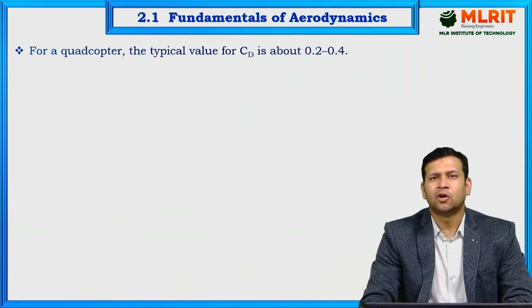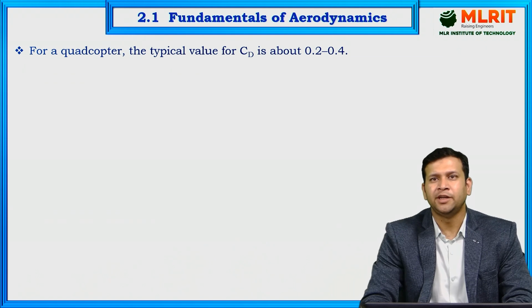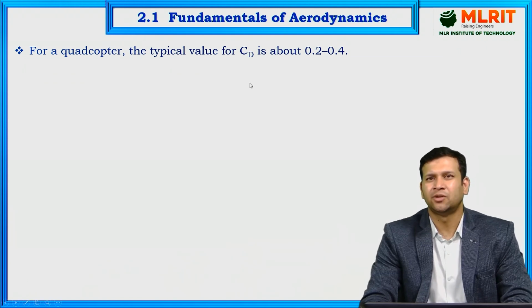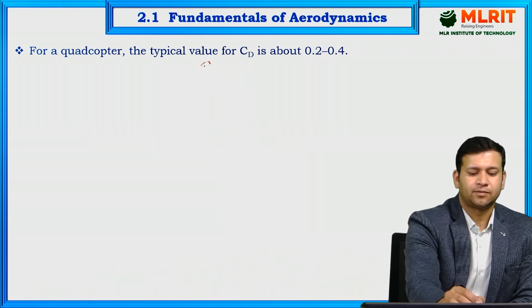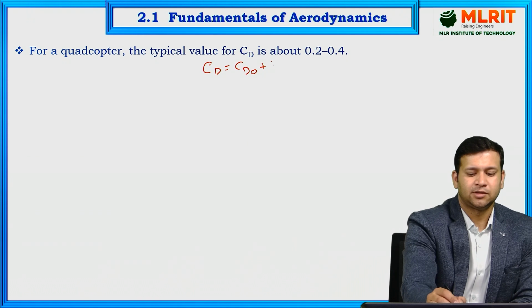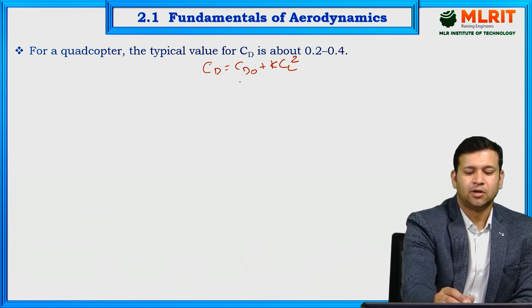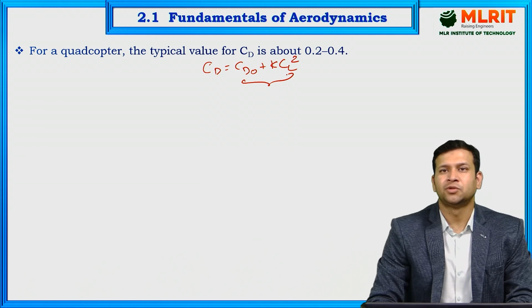Within this range, we'll have the CD naught value. And for a quadcopter, the typical value of CD is about 0.2 to 0.4. This is the CD value, not CD naught. This is CD, which is CD equals CD naught plus K CL square. So here directly we are getting this value of 0.2 to 0.4.